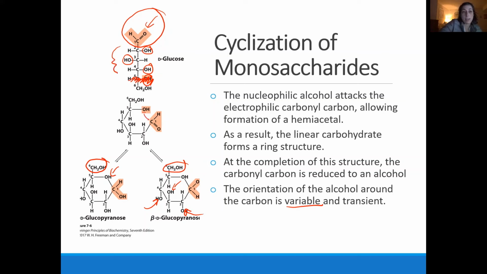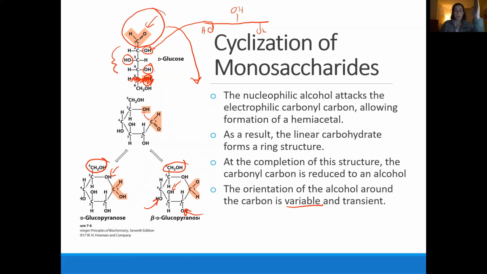These OHs and their position, either left or right, are important for drawing out a final sugar molecule. And again, what I like to think of is taking this linear form and almost like a tree being chopped down, knock it down to the right so that the linear form is laying down like this. When it's laying down like this, you'll see that we have this OH is down, this OH is up, and this OH is down.